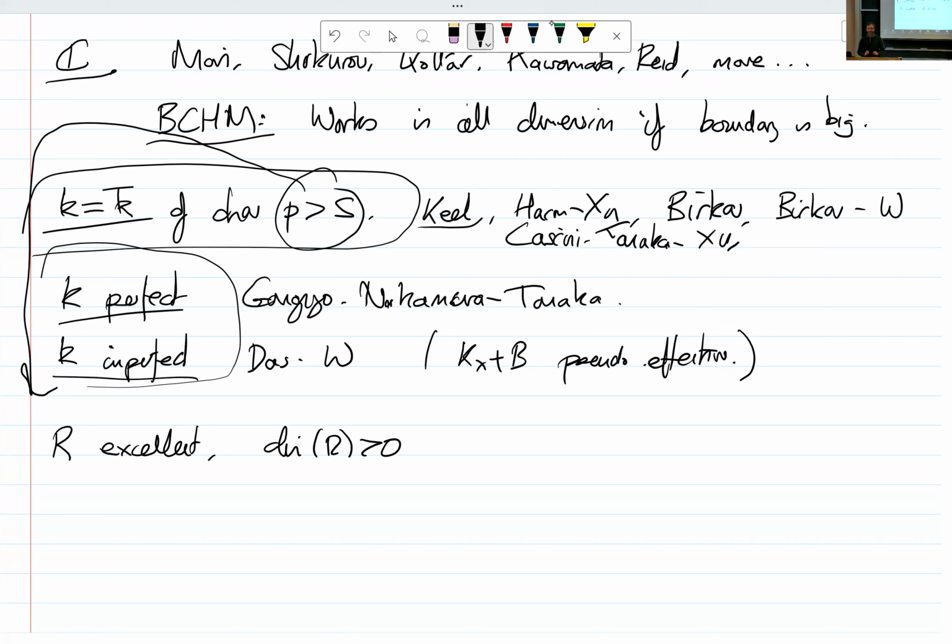So this is basically the relative situation where you're just not over a field, anything where you're not over a field. So all of those situations, which means this had better be surjective. And again, p greater than 5, all p is greater than 5 if you're over Spec Z, so Z[1/30], not including the small primes.